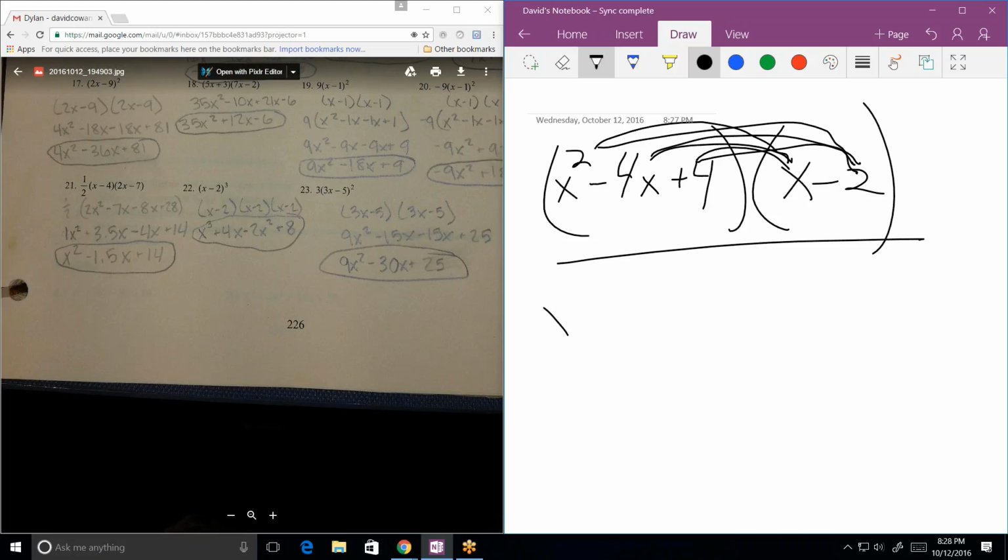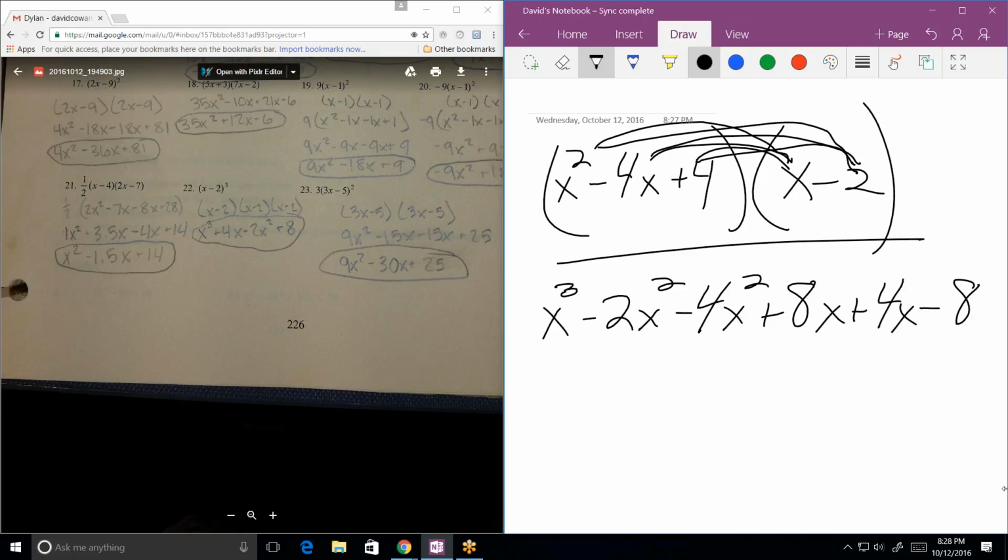I get x cubed minus 2x squared minus 4x squared plus 8x plus 4x minus 8. Now notice that when we have a trinomial by a binomial, those two terms combine and these two terms combine.